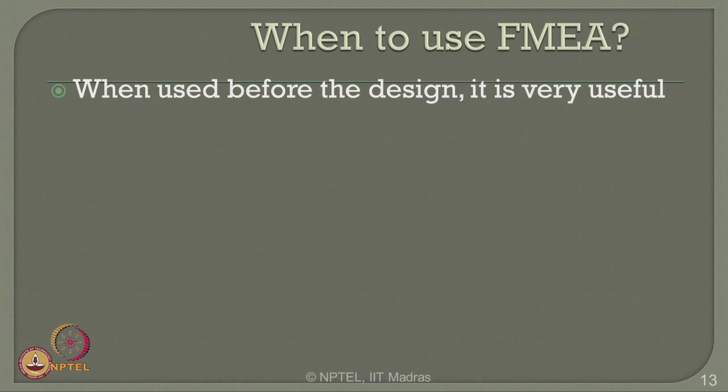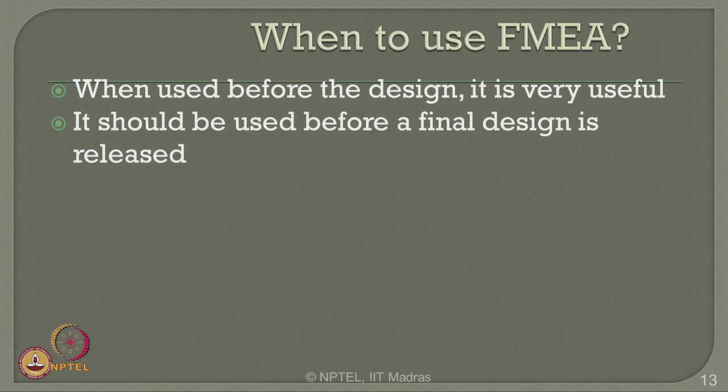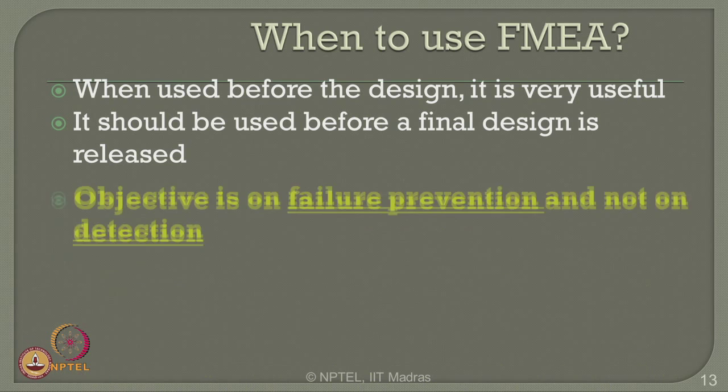FMEA, if it is used before the design, will be very useful because your scaled model working can be easily corrected by some design features, so that the end development of the product can be more or less successful. So, when used before the design, it is always considered to be extremely useful. It should be used before the final design of any product is released.